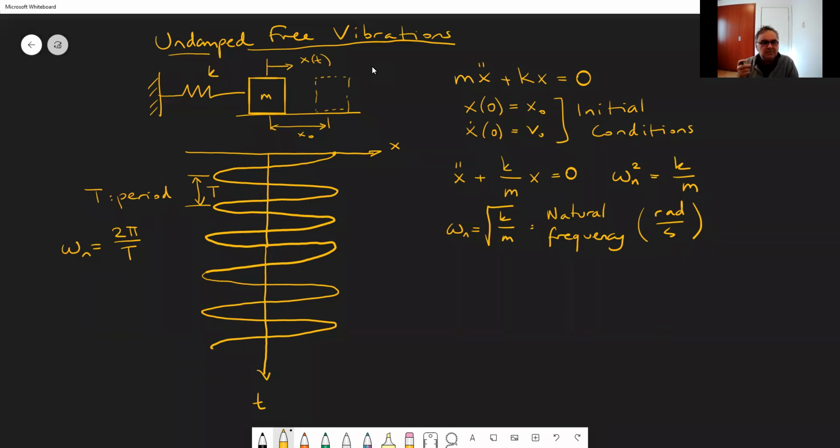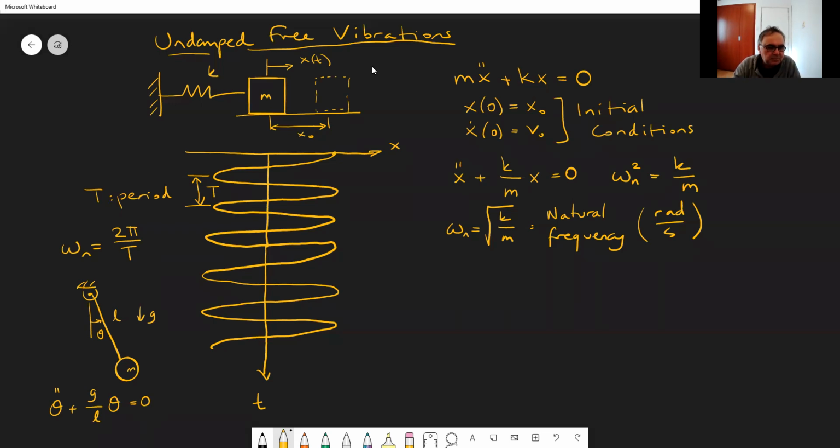For example, you might have a pendulum like this. The natural frequency of a pendulum can also be defined for small vibrations. This is theta, this is L, this is T. It can have a mass m, but it doesn't matter. Here you have theta double dot plus g over L times theta equals 0.